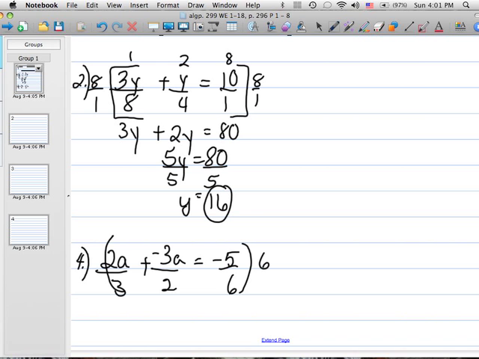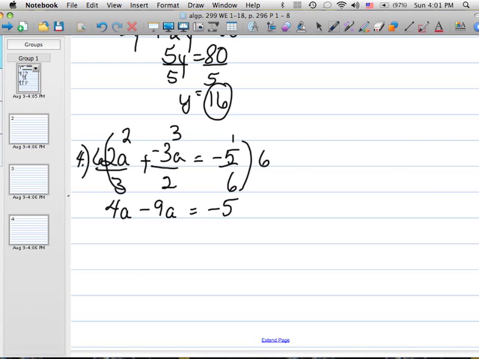The least common denominator is 6. 3 goes into 6 twice. 2 times 2a is 4a. 2 goes into 6 three times. 3 times the negative 3a is negative 9a. And 6 goes into 6 once, and 1 times the negative 5 is negative 5. 4a minus 9a is negative 5a. Solving for a, divide both sides by negative 5, and a equals 1.